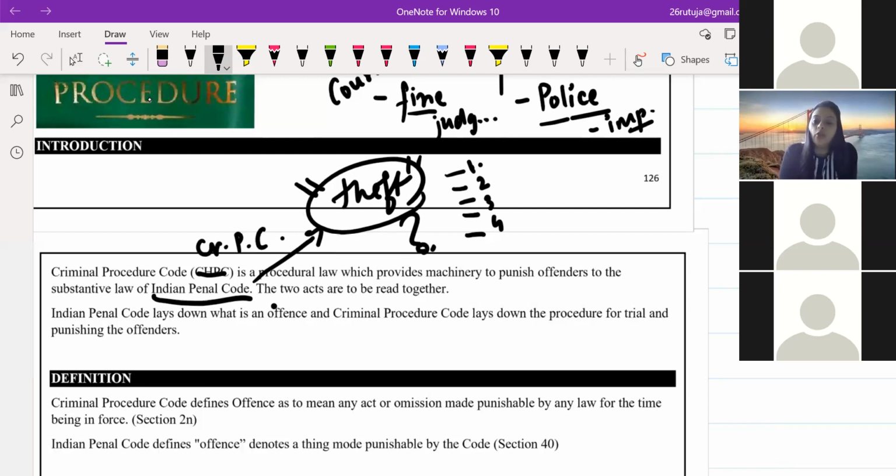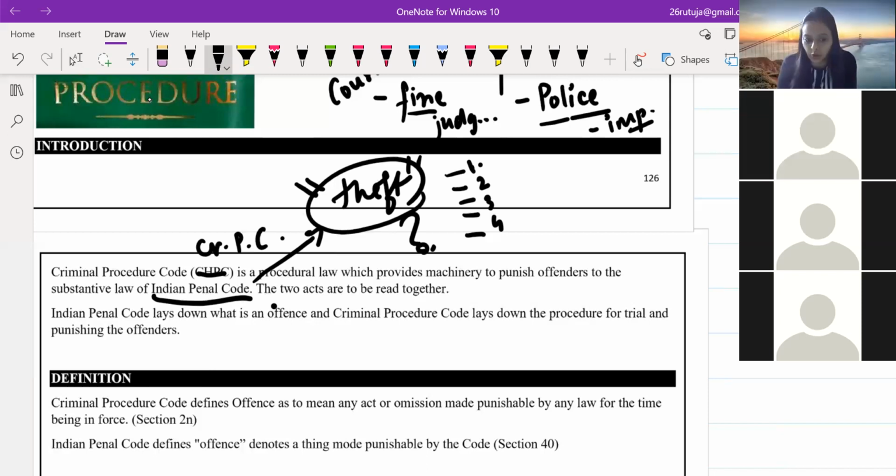Okay. On the other hand, if you compare this with C.P.C, that is Civil Procedure Code, Civil Procedure Code was substantive as well as procedural law. Am I right?